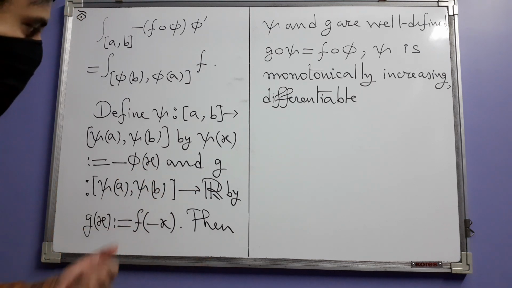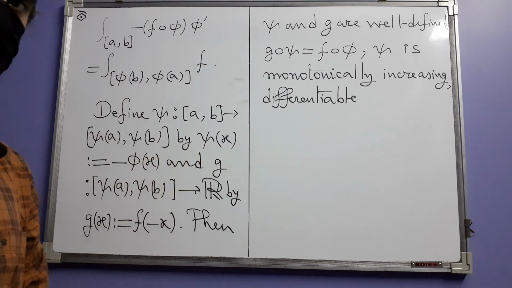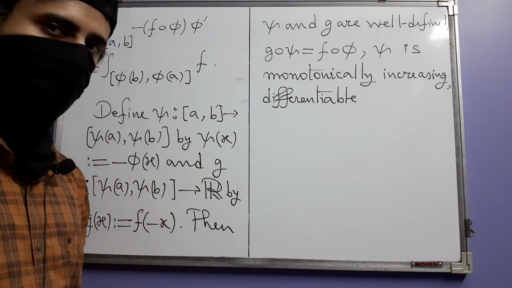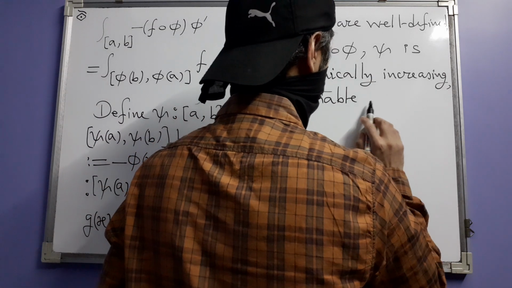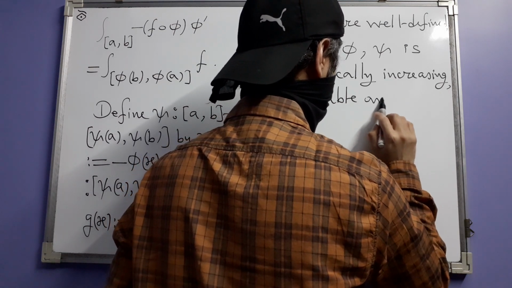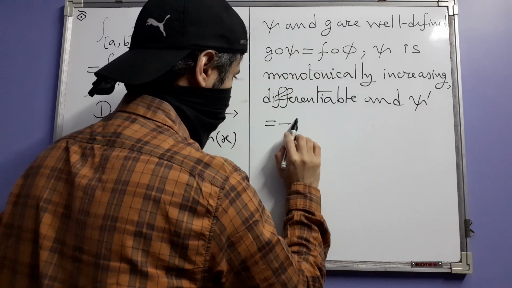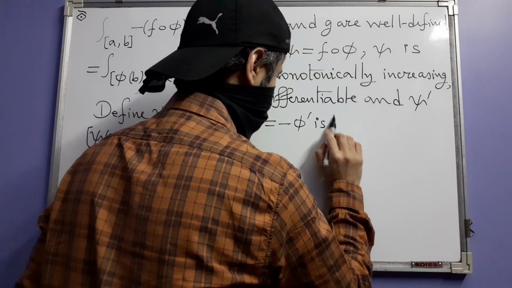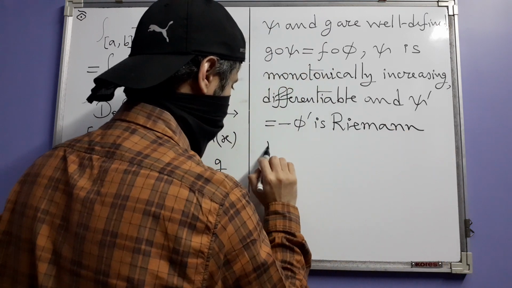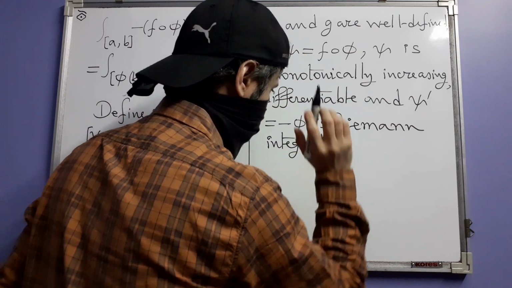So obviously psi is differentiable, and in fact the derivative of psi is minus the derivative of phi, which is Riemann integrable. So psi prime is also Riemann integrable. Differentiable, and psi prime, which is minus phi prime, is Riemann integrable. Okay.